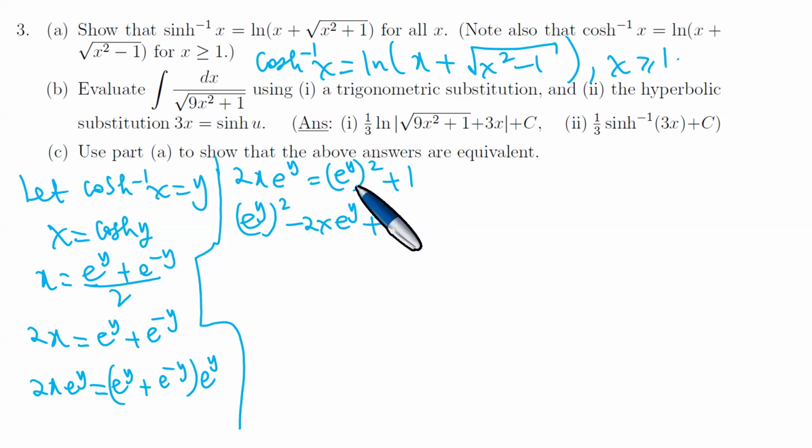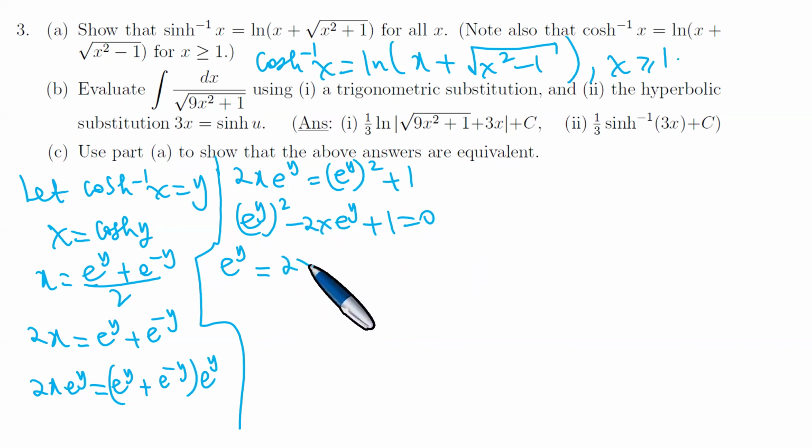This is e to the y squared minus 2x e to the y plus 1 equals 0. Okay, so now you'd have the 2x e to the y, you move it across, and then you'd have that. So you use the quadratic formula. So it's going to be minus b.